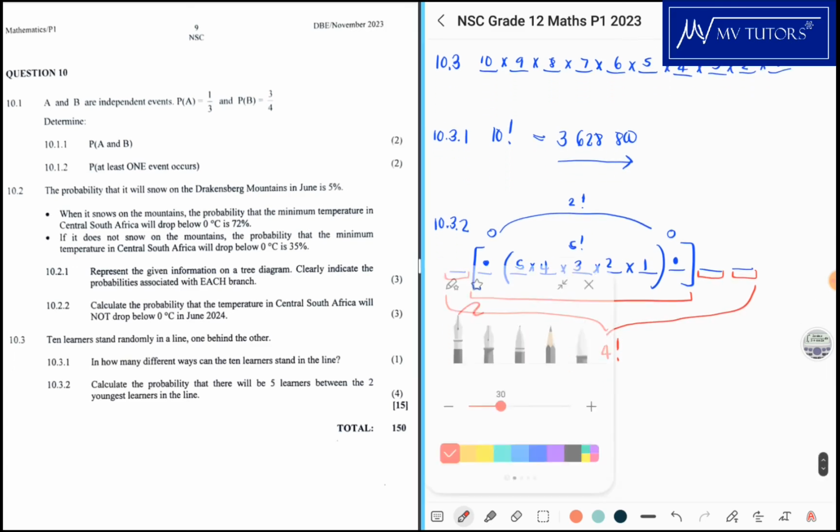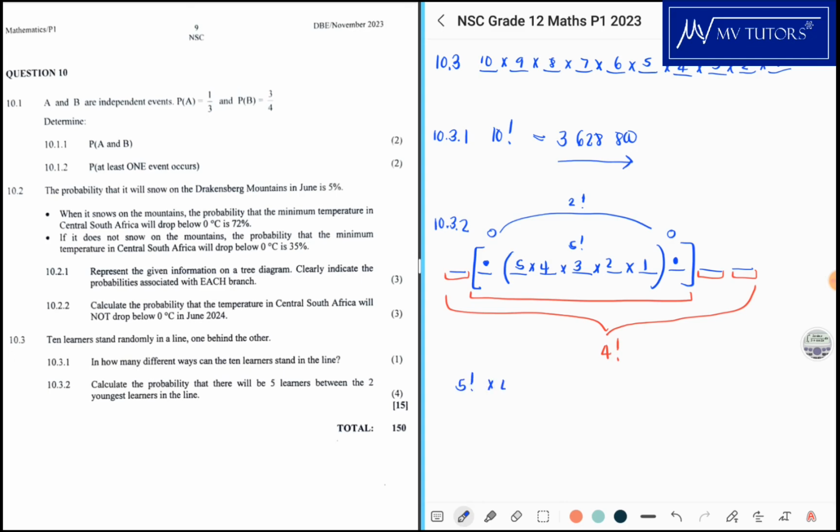I hope I'm making sense with all of this. Now then, how do we write it out? The number of possibilities here is 5 factorial multiplied by 4 factorial multiplied by 2 factorial. 5 factorial because these 5 learners can sit anyhow. 4 factorial because this one group, and 2, 3, 4 can sit anyhow.